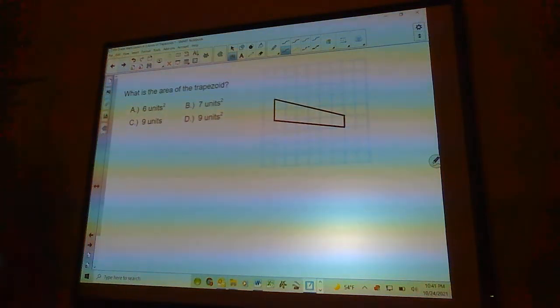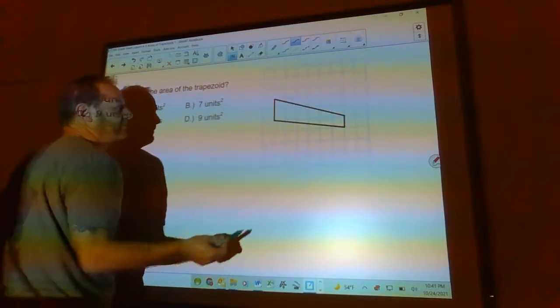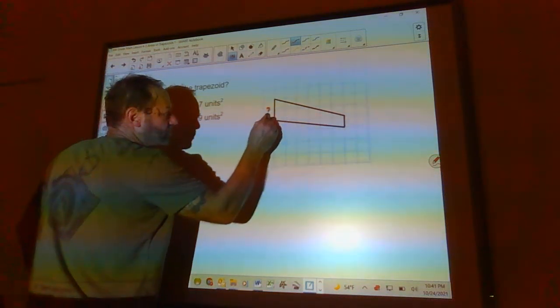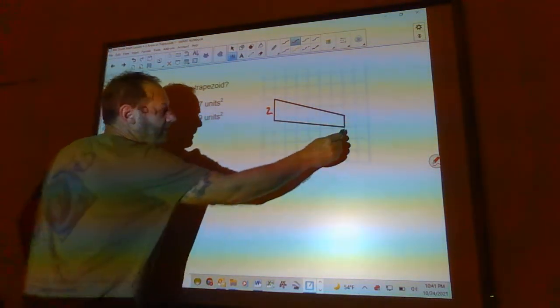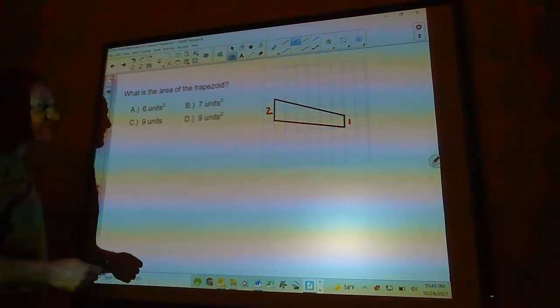All right, so what's the area of this trapezoid? Okay, so you're going to look for the two bases, or the two parallel sides. Here's one of them right here, and I can count there's 2. And then over here, this one's 1. Okay, and then I check to see what is my height.